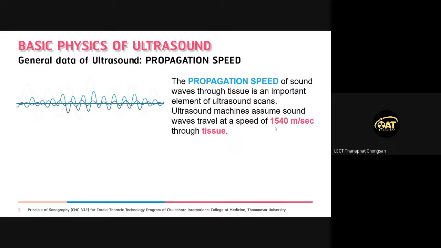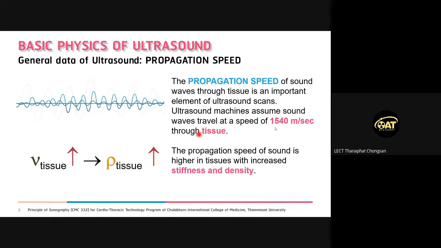In general, the speed of ultrasound waves is fixed at around 1,540 meters per second in human tissue. But in theory, if tissue has high density, the sound propagation speed will increase as well.